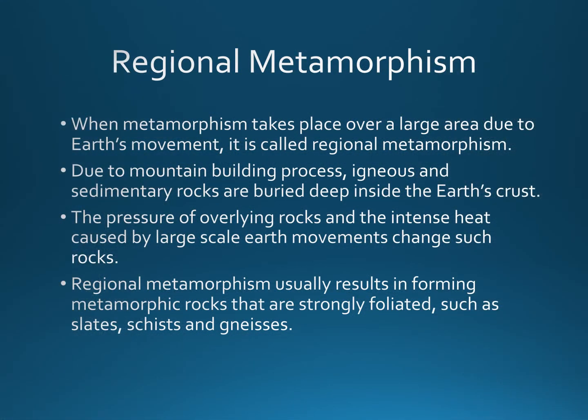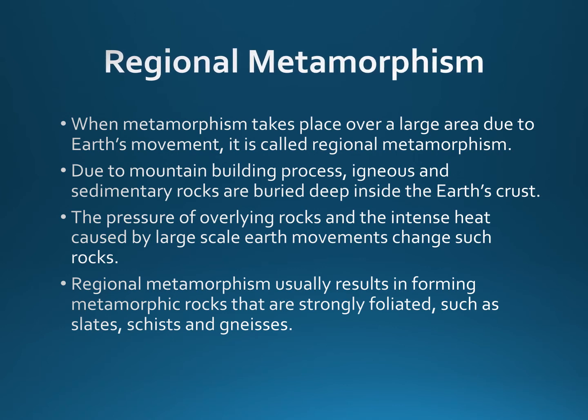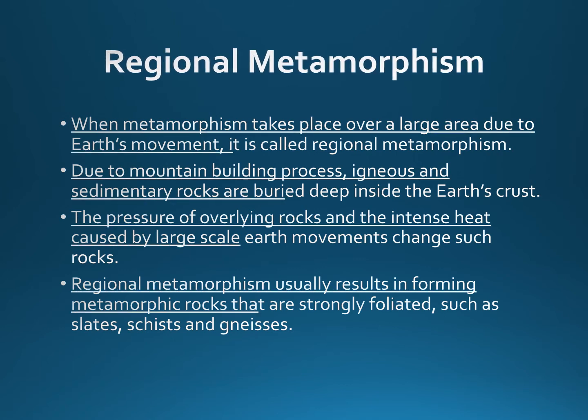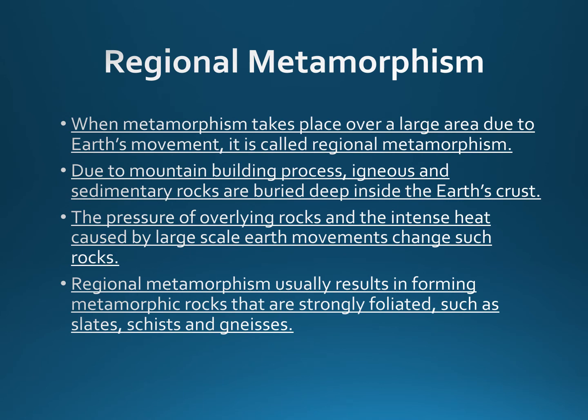The next is regional metamorphism. When metamorphism takes place over a large area due to Earth's movement, it is called regional metamorphism. Due to mountain building processes, igneous and sedimentary rocks are buried deep inside the Earth's crust.